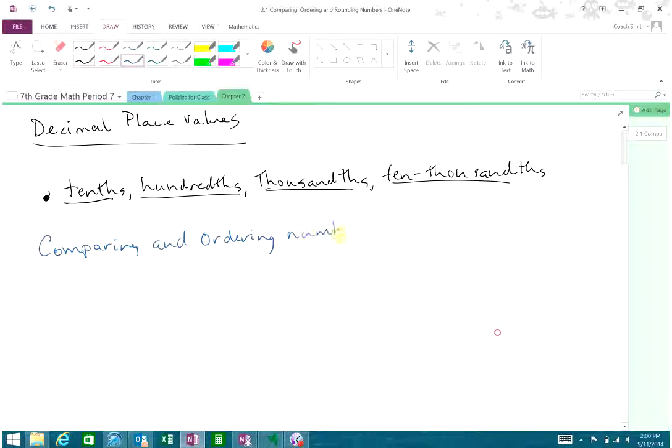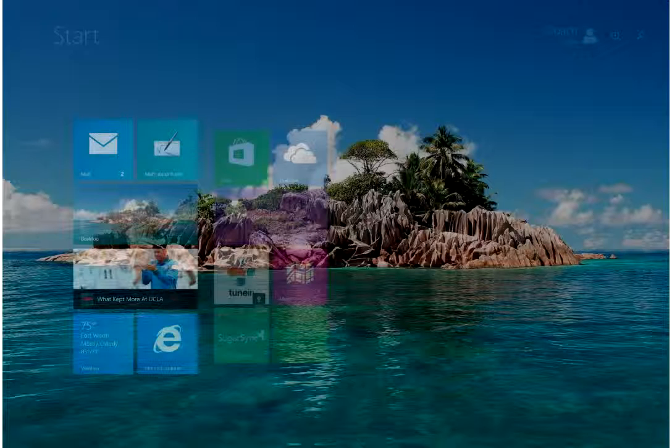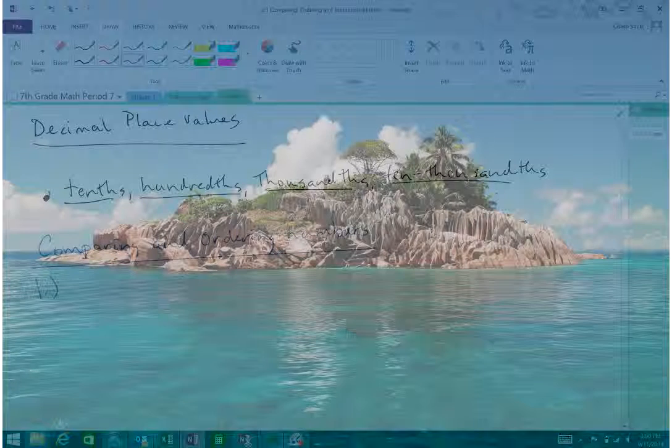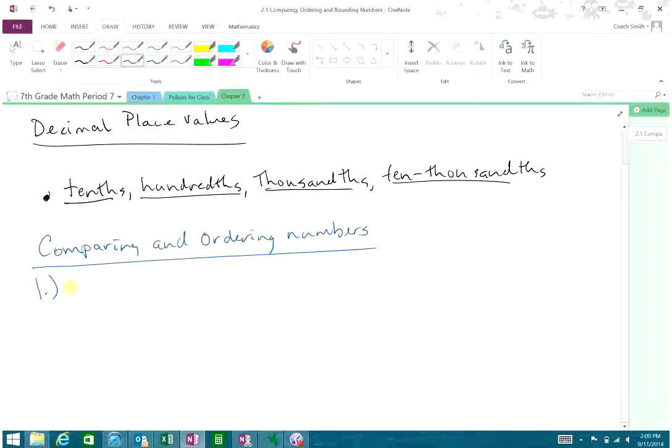So, as we're talking about comparing and ordering numbers, the first thing you do when you're comparing or ordering numbers is line the numbers up vertically with their decimals.